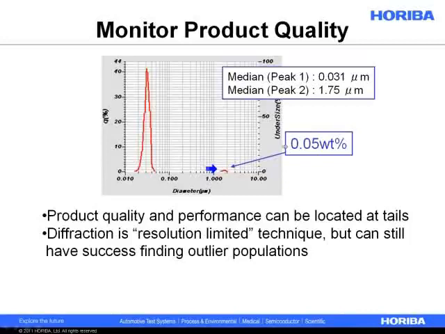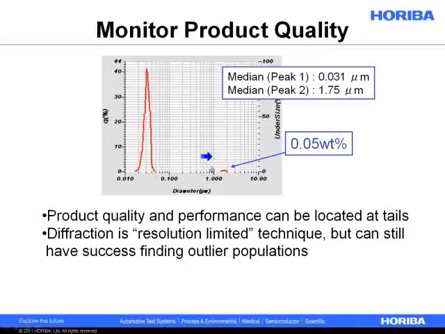In this case, this was actually an experiment that I designed a few years ago. It was a base CMP slurry that I started adding other silica particles to of a known size. And by the time I got to 0.05 weight percent, which is a ridiculously low number, even for diffraction, the LA950 was able to pick it up.